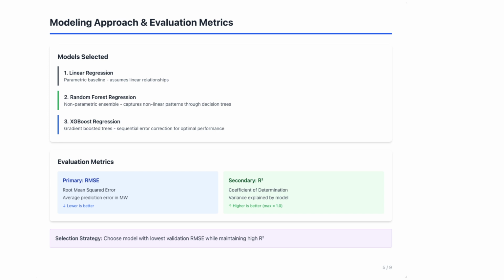And the secondary evaluation metric is R2, the coefficient of determination, which explains the variance explained by the model. We want higher is better, with a max of 1, total explainability. The selection strategy is to choose the model with the lowest validation RMSE while maintaining a high R2.